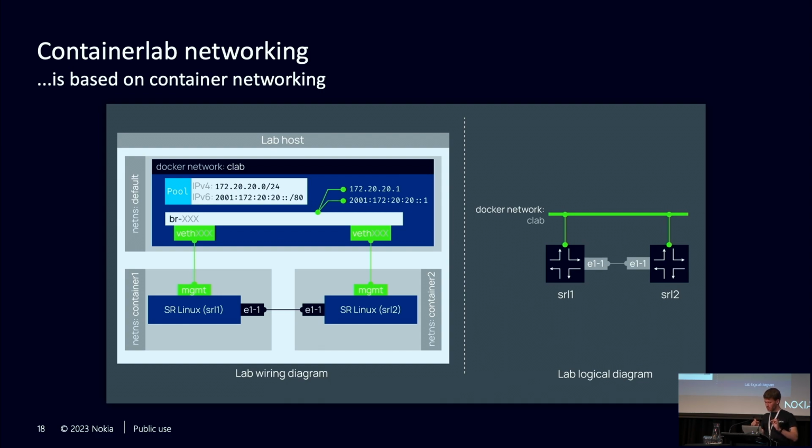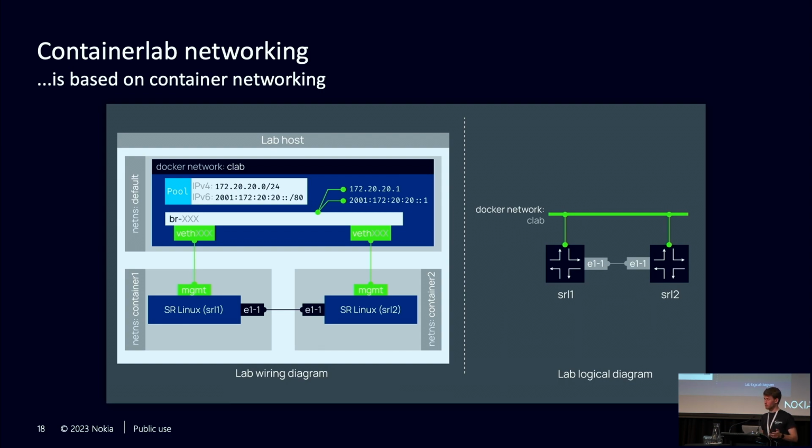But another point is that even though we haven't specified them in the topology file, we also have access to management links. Those management links will be created by default, and obviously you need them because you want to access those nodes at the end of the day. You want to SSH to them, or you want those nodes to communicate maybe with other applications.